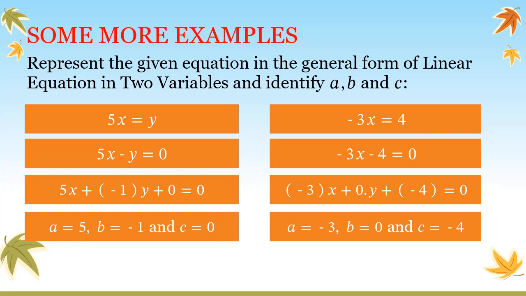But don't worry, we can represent 5x minus y equals 0 in the form of 5x plus (minus 1)y plus 0 equals 0. Got it? We have written 0 in place of c. So our a becomes 5, b is minus 1 and c is equal to 0. Now try another example on your own.